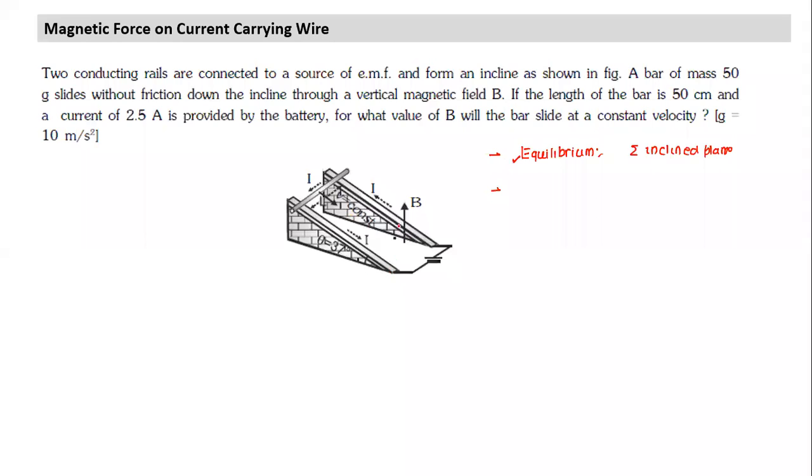Now there are two kinds of question. One case: B is vertically up. What does B vertically up mean? If B is vertical, it means the force ILB will be in the horizontal direction. If I draw the free body diagram here, it will have something like this.